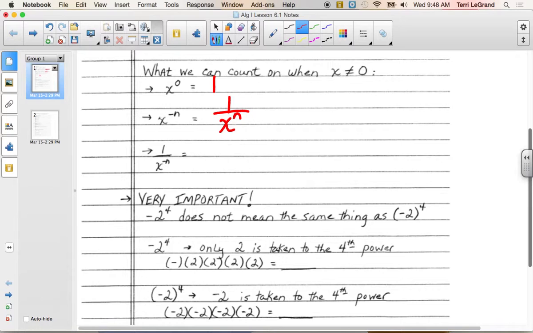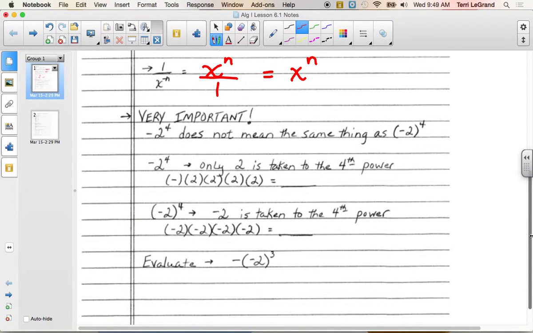Jacob? X to the n power over 1. Okay, x to the nth power over 1. In other words, the factor moves to the numerator, and now it's a positive power. And that can be simplified a little bit further and be just what? X to the n power. So when we have a negative power in the denominator, it comes upstairs into the numerator and ends up being a positive power.